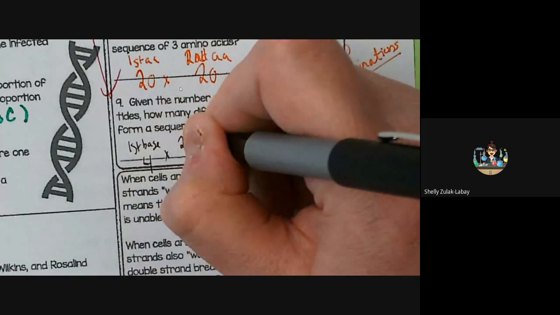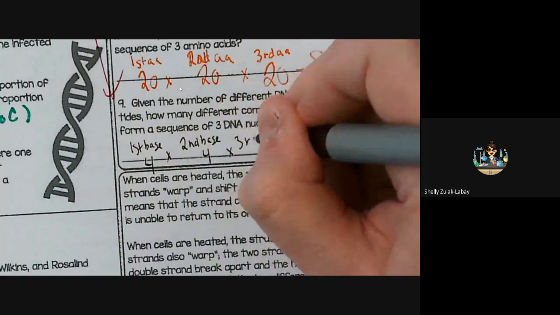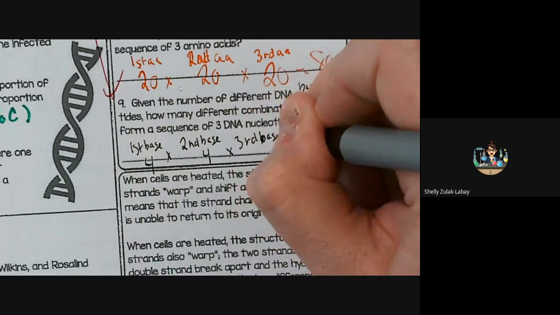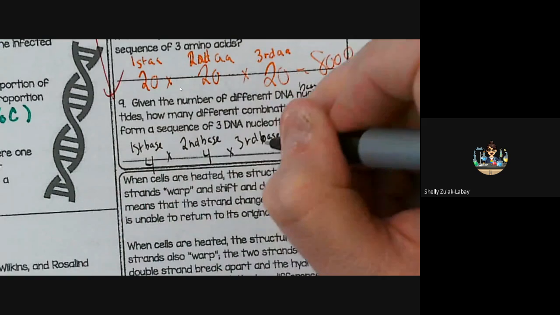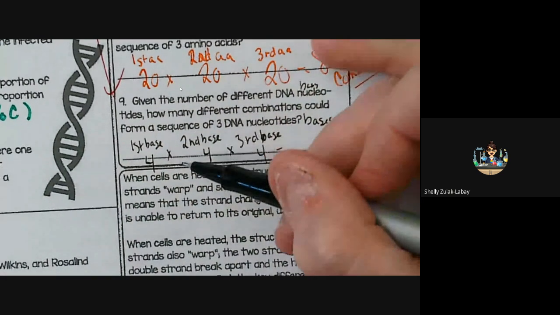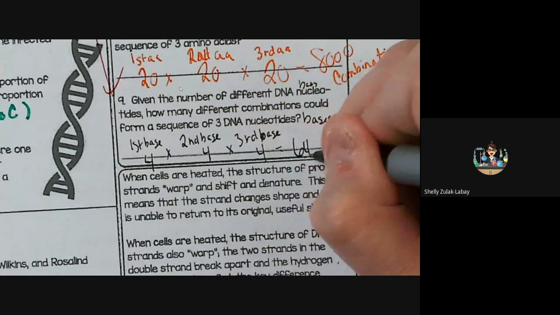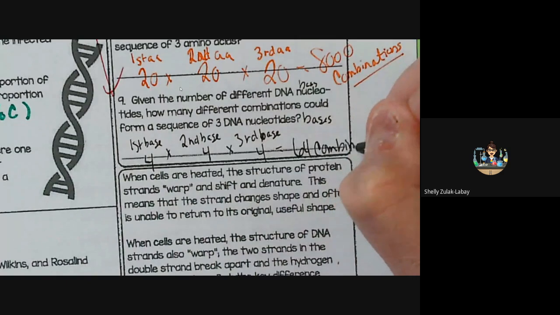Assuming that we can have the same base side by side, 4 options for the second base in my sequence. And then using our same assumption, the third base can be repeated. So also 4 options for base number 3. So we would have 4 times 4 times 4, or 4 cubed, which would be 64 combinations.